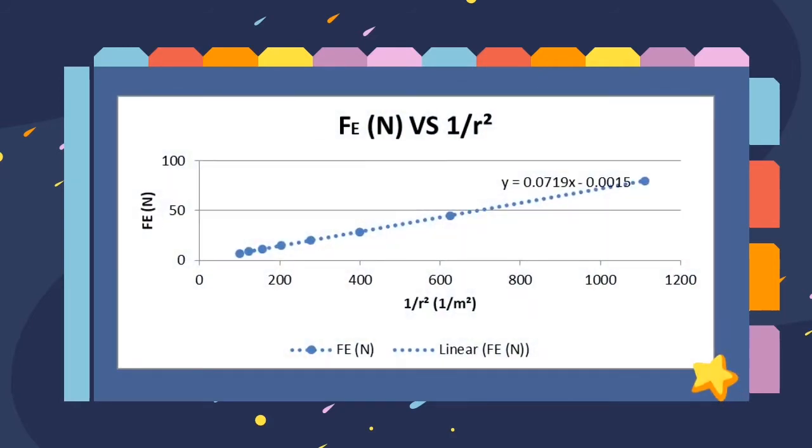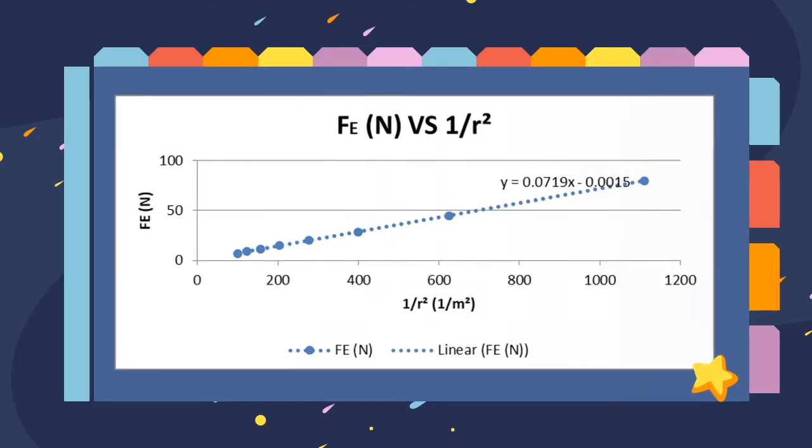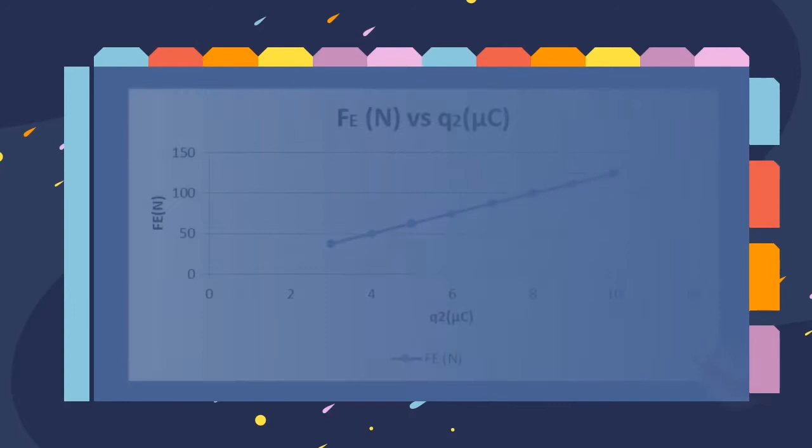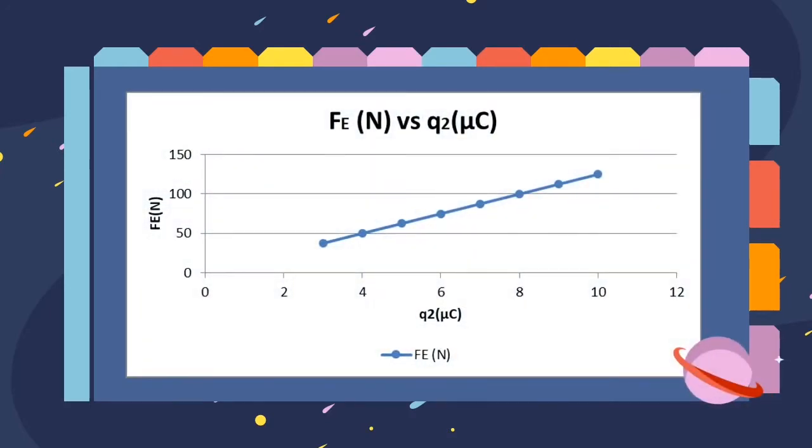Second is Fe versus 1 over r squared. The third is the graph of Fe versus Q2.